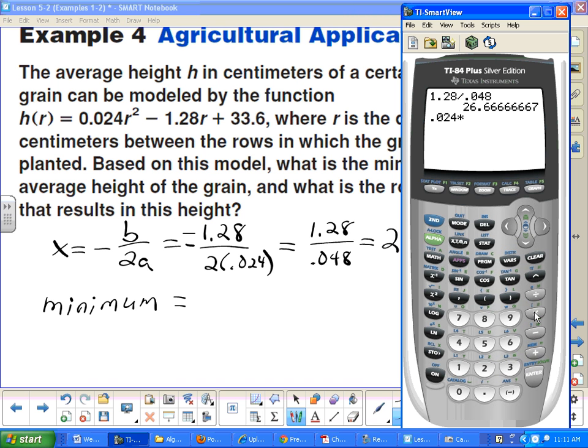Well, you don't have to go up and use it. You can press second and then the negative key, the answer, ANS. And then I can square that, put minus 1.28 times the answer, and then plus 33.6. And we get 16.53.